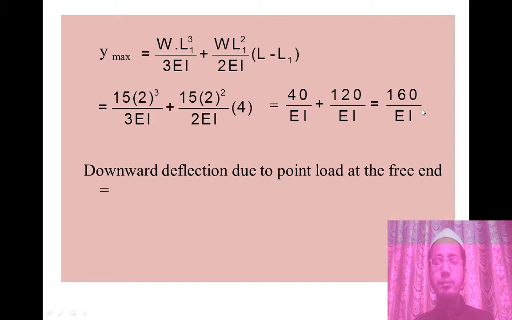Now we know at the propped end, the deflection will be 0. That propped support will act as a simple support, and we know that at a simple support the deflection will be 0.